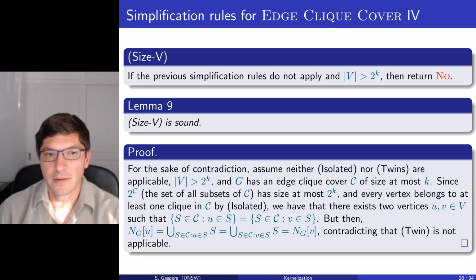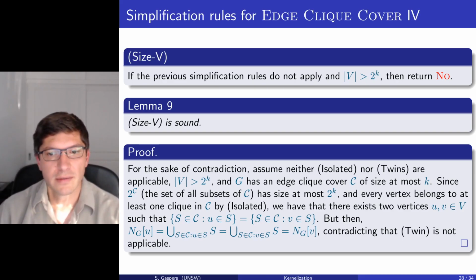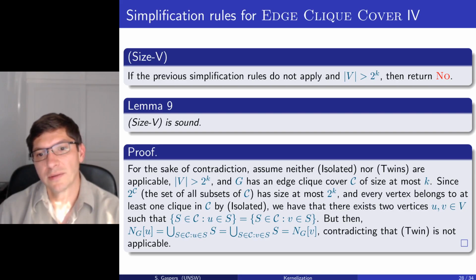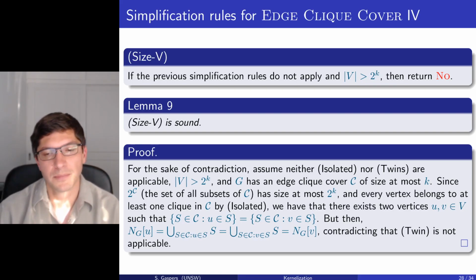Since the set of all subsets of the cliques has size at most 2 to the k, and every vertex belongs to at least one clique in C, we must have two vertices U and V such that the cliques that contain U equal the cliques that contain V. But then their neighborhoods must be the same, contradicting that the twin rule was not applicable.